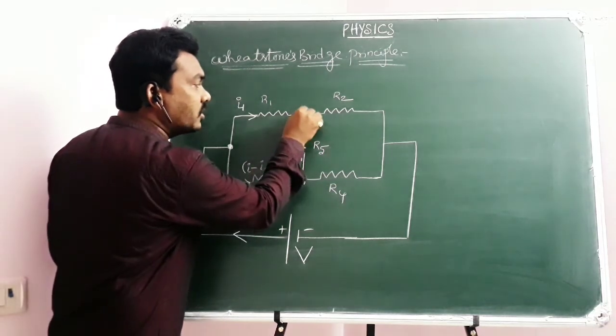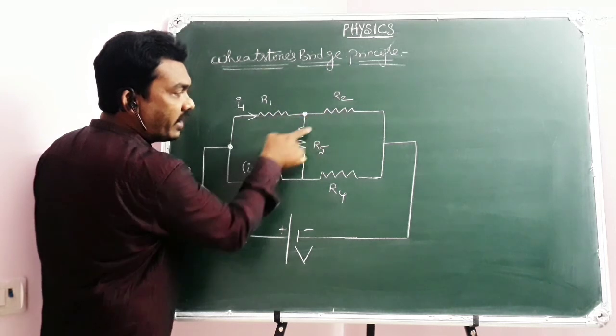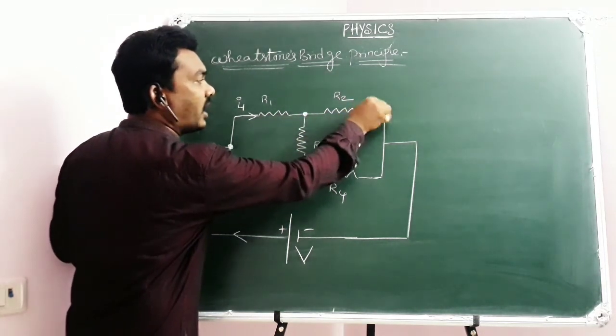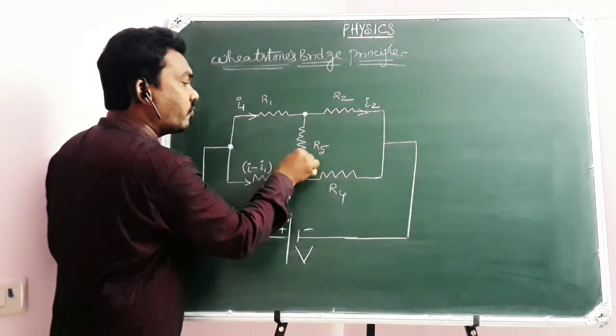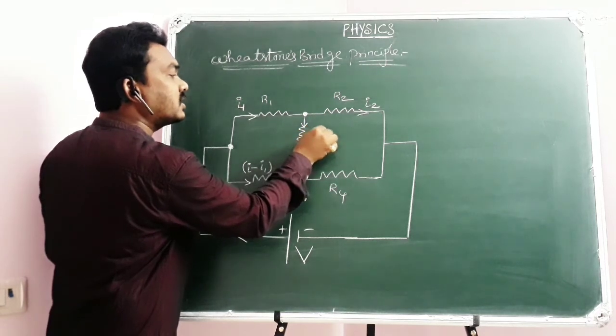When I1 comes to this point, again it finds two paths. So let us suppose I2 current is traveling through R2, so that through R5 you can have I1 minus I2.